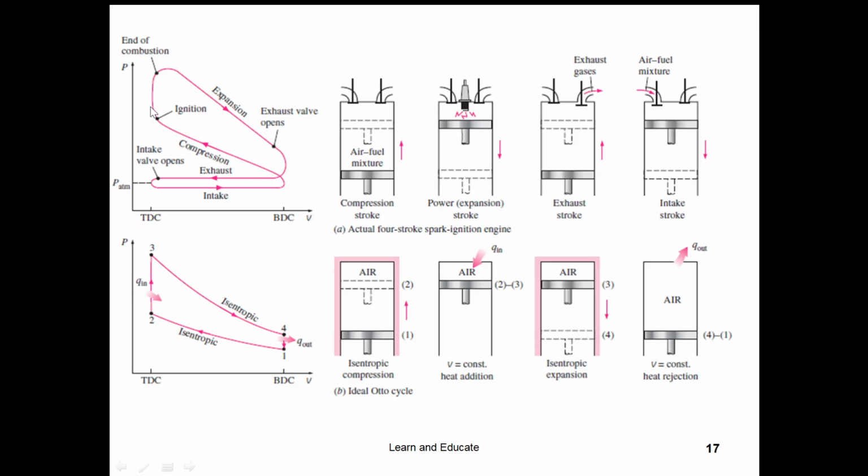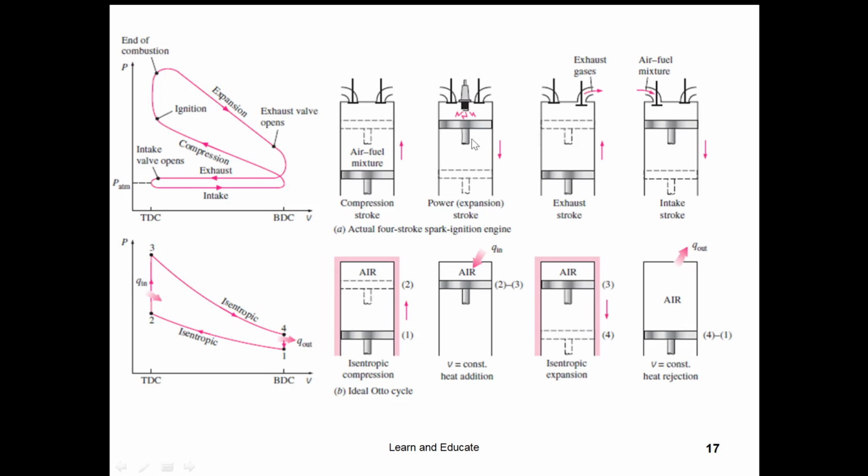Only the movement of the piston between two dead centers, for example from bottom dead center to top dead center, that is known as the compression stroke, and the reverse is the expansion stroke. So whenever the piston remains at a particular position, the heat addition and rejection take place, so those are not considered as strokes.